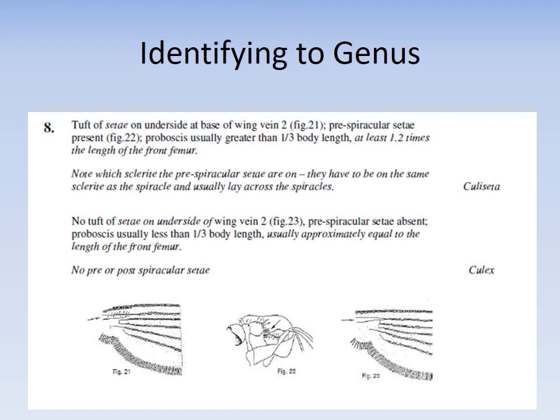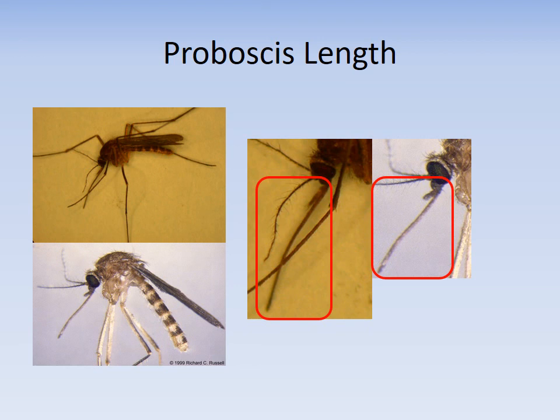When comparing these lengths of proboscis, if you've not seen a long proboscis, you don't know how much longer it is, and it's hard to tell. But here I have pictures showing a Culex and a Culiseta. The Culiseta here with its proboscis and the Culex here with its proboscis. When you zoom in next to each other, you can see that the Culiseta's proboscis is much longer than this Culex.